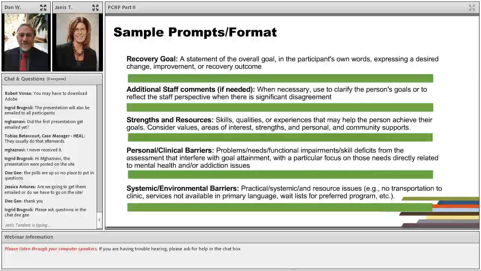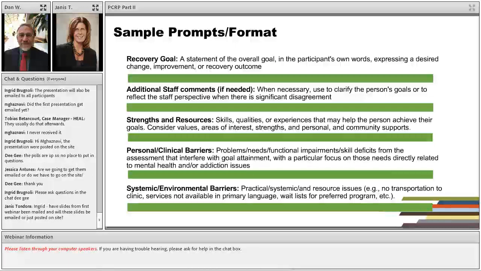But there are those occasions when you disagree. And this is a place to capture some of that. So number one, it shows that you weren't ignoring something or just didn't go over it, and that it's reflected in the plan, but it's clearly attributed to the staff and not necessarily as the last word. So you have both views represented in the plan.